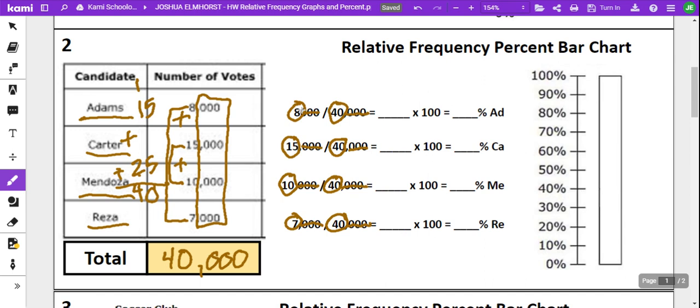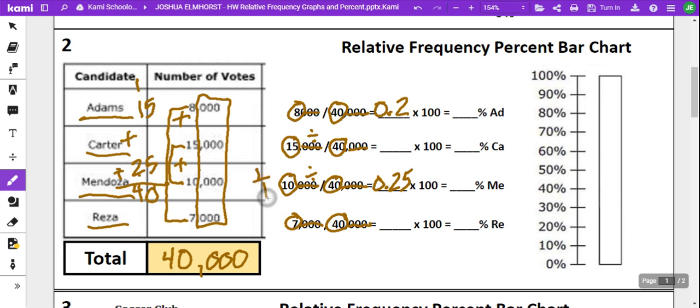So if we divide this out, 8 divided by 40 is going to give us a frequency of 0.2. We have 10 divided by 40. So 10 and 4, or 1 and 4, 10 and 40, that's going to be 0.25.